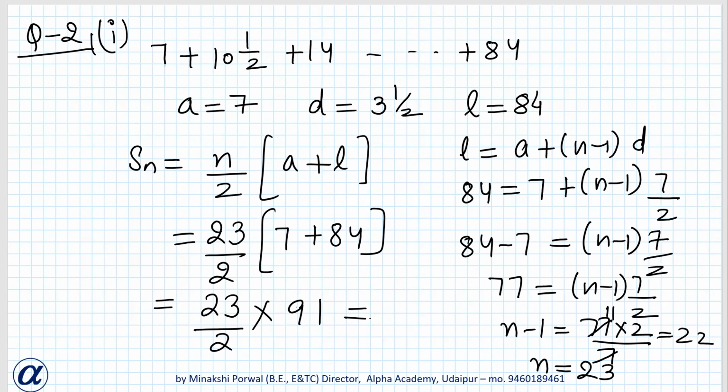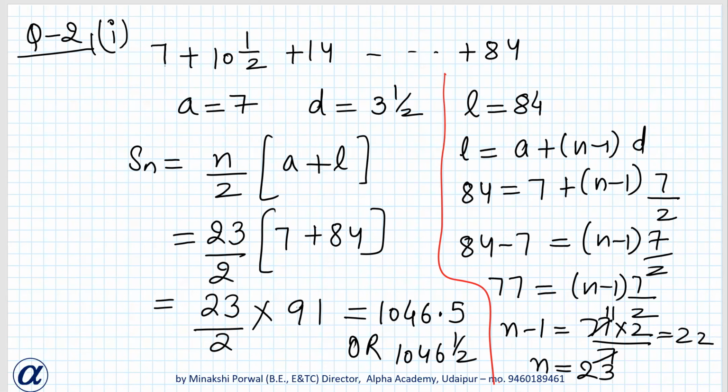So this will be the answer, 1046.5, that is equal to 1046.5 or 1046 and half, same thing. This way we have to do this question.